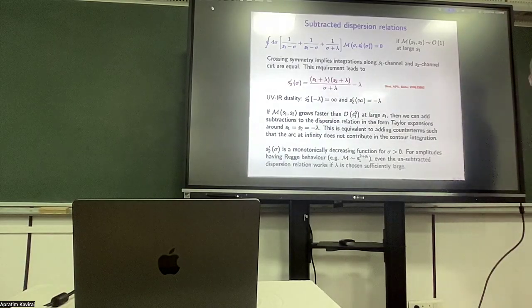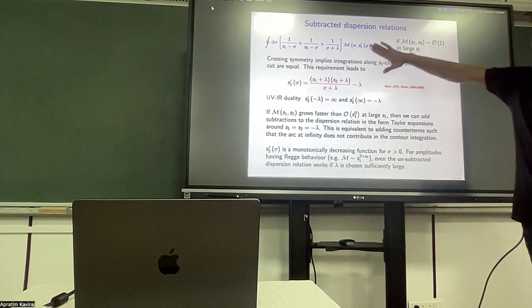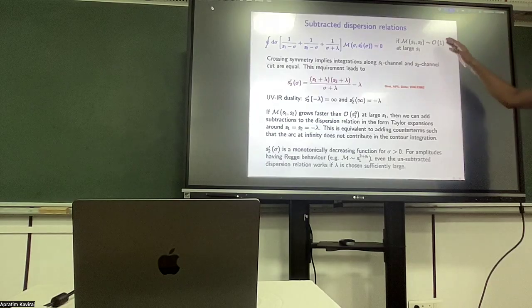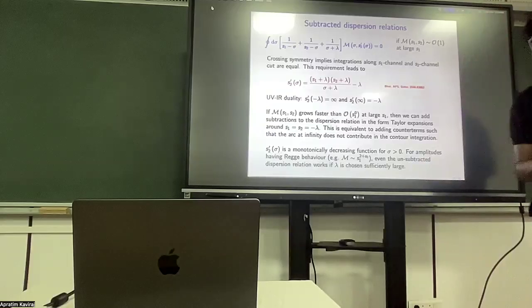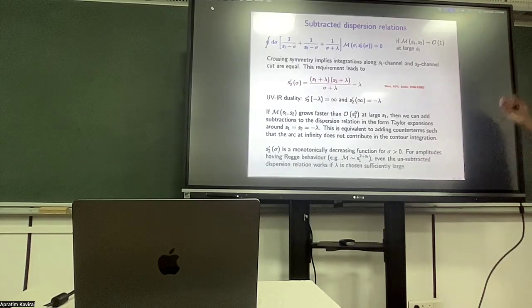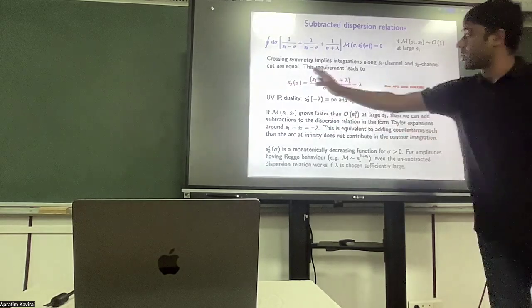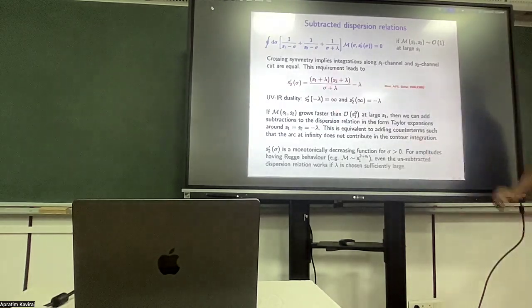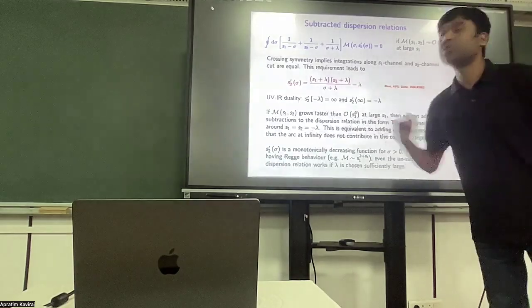Now, talking about the high energy behavior, if we consider an amplitude which is growing, instead of this order one, it can go as some power of S, let's say. What we need is to tame the behavior at infinity, meaning add some counter terms at infinity. Because of the very specific property of this solution, we can put the counter term at infinity by doing a low energy expansion around S1 equal to minus lambda, S2 equal to minus lambda.